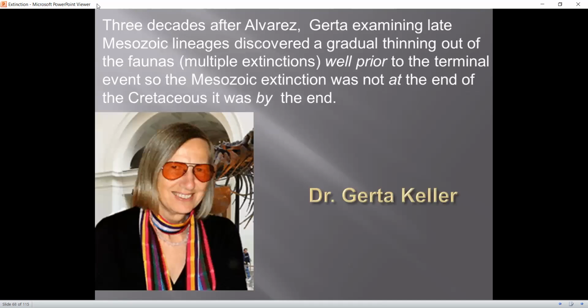later, Gerda Keller, a Swiss geologist, began to look in detail at the record, and she discovered that most of these Cretaceous forms began to kind of attenuate or thin down before the extinction. Yes, they were dead by the end of the Cretaceous, but not at the end of the Cretaceous. You could say by the end of the Cretaceous, they were all gone.